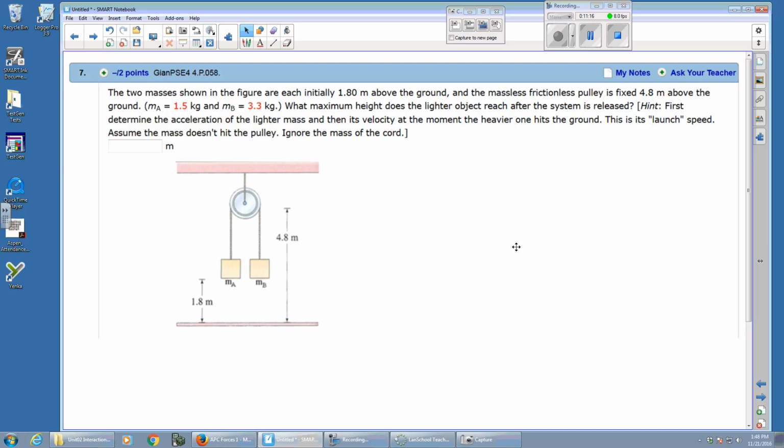Well, what's going to happen here is when this is released, MB is going to hit the ground, and MA, as soon as MB hits the ground, the tension falls to 0, because MA has inertia, it's going to continue upwards just like the projectile. So what we're interested in is what acceleration it has as an Atwood machine when it's released.